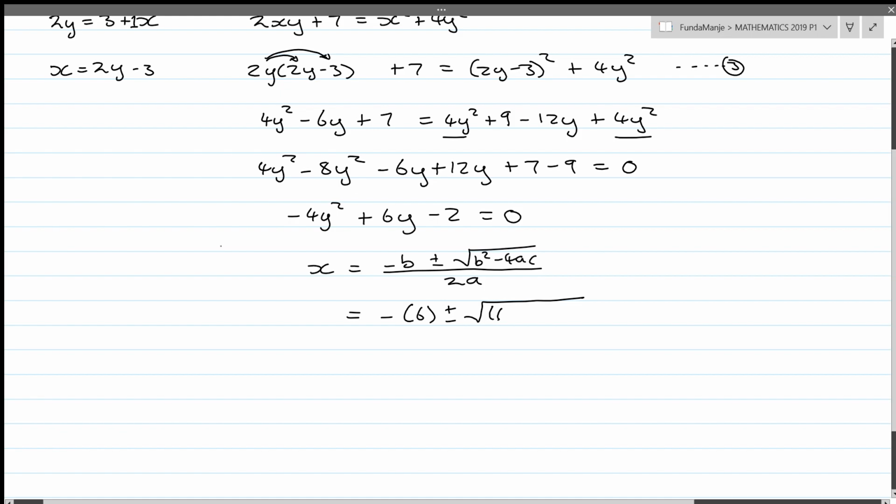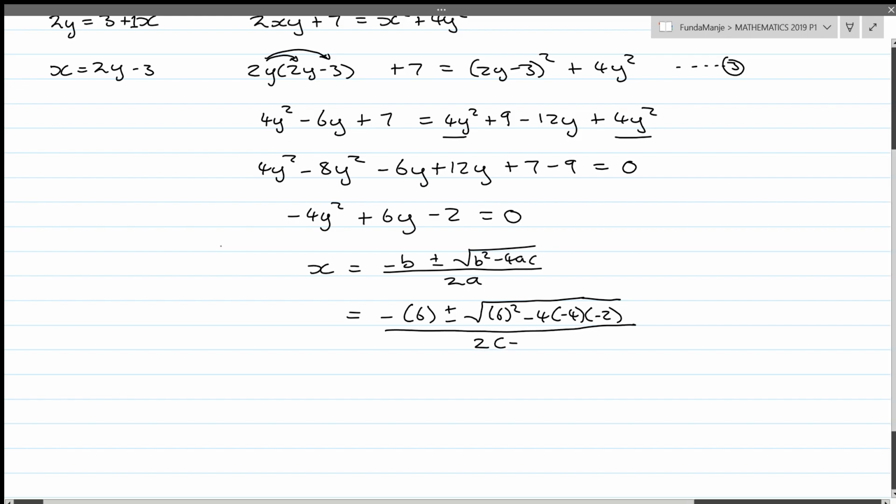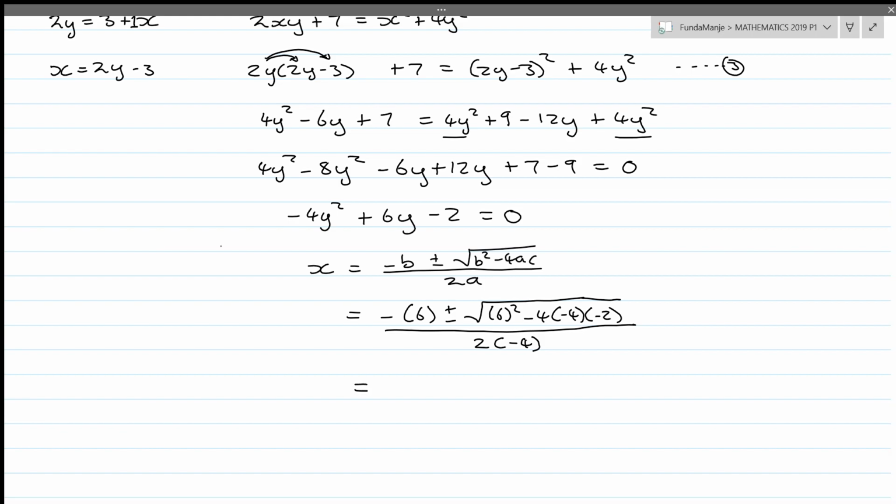So we have 6 squared minus 4, a is minus 4, c is minus 2, and all over 2a, a is minus 4, like that. Then you put this all on the calculator first with the plus and then with the minus.